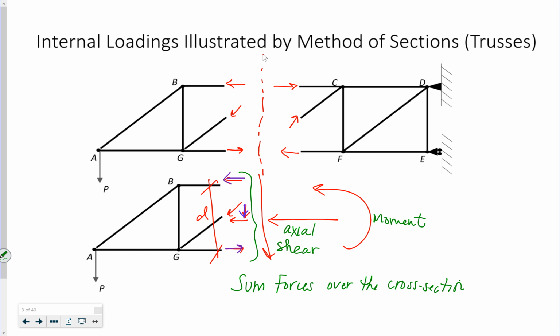It's going to have height and width, although for a beam the largest dimension would still mostly be length. But the cross-sectional area would likely be considerably larger than the cross-sectional area that we're assuming for a truss, which only has axial force.